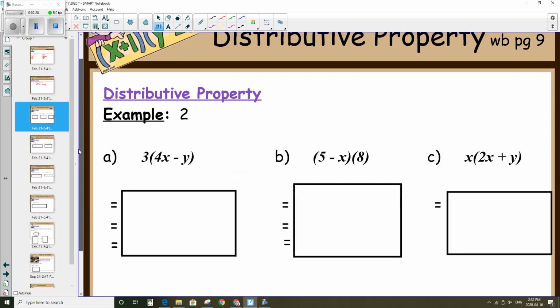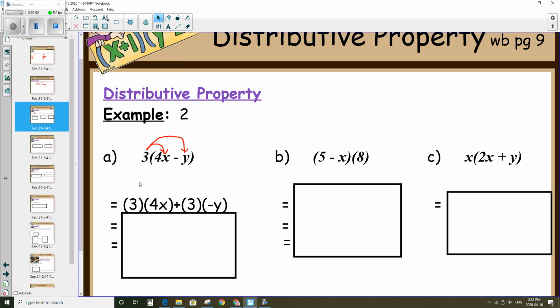All right, example 2. Several sections to that. We've got 3 times 4x that we have to multiply first, and then 3 times negative y. I'm adding these little, they look like little rainbow lines, okay, just to keep track of where I am. So 3 times 4x, let's write down what we're doing. So 3 times 4x, and then 3 times negative y.